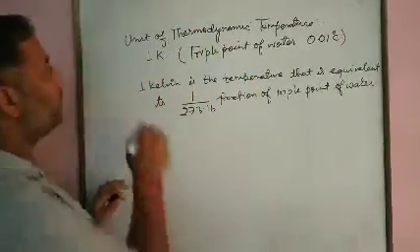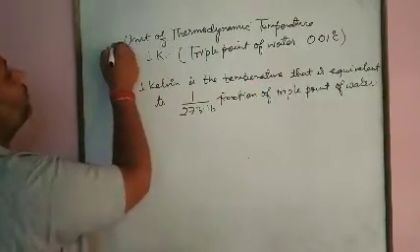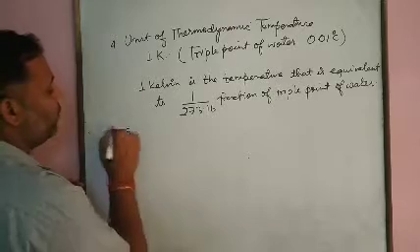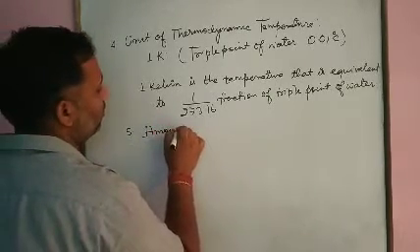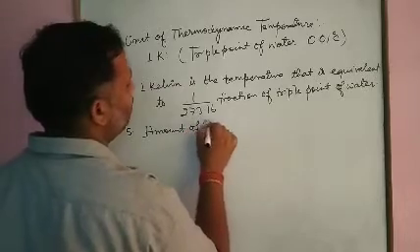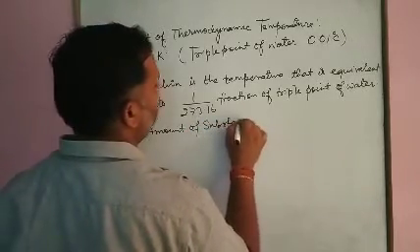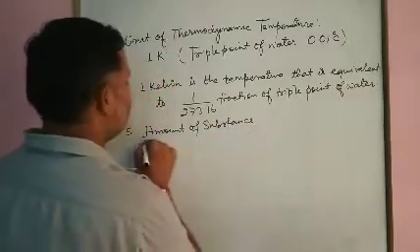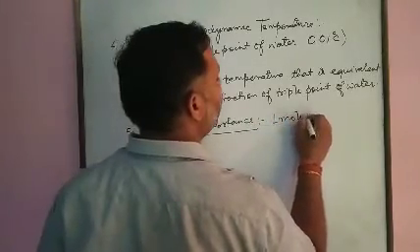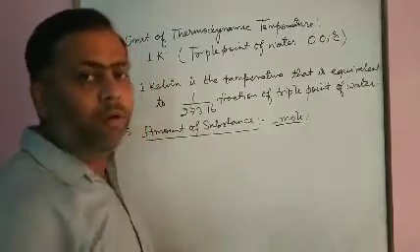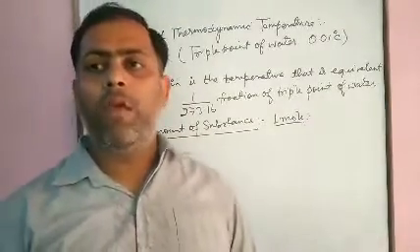So the next, we will discuss the 5th one. We will define amount of substance, that is we have to define 1 mole. We know 1 mole, we have the standard.